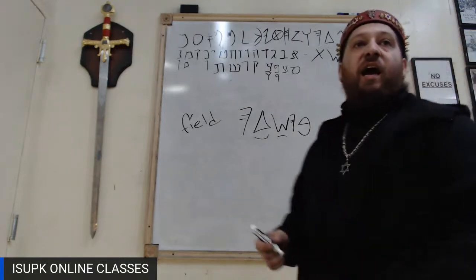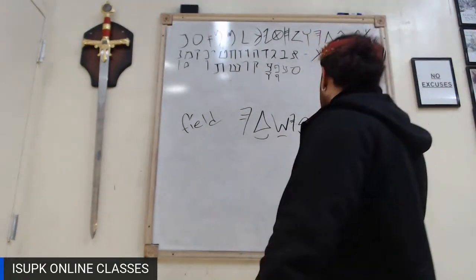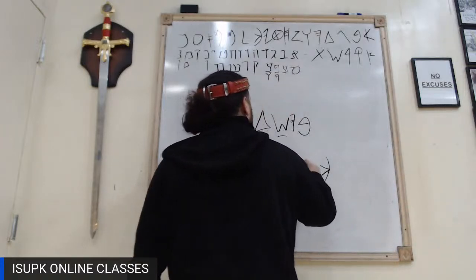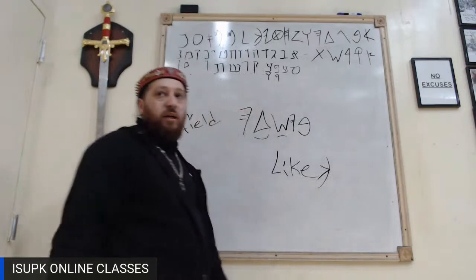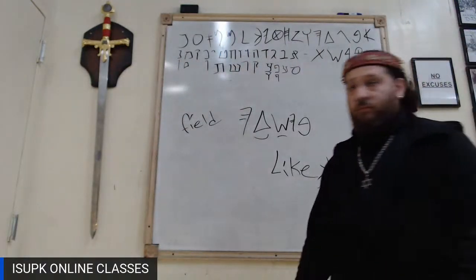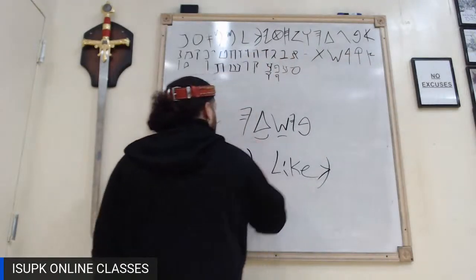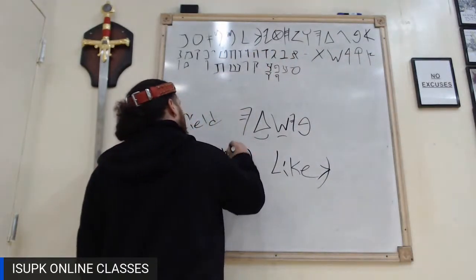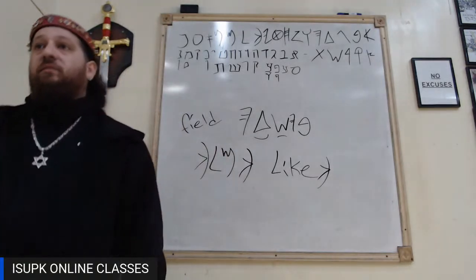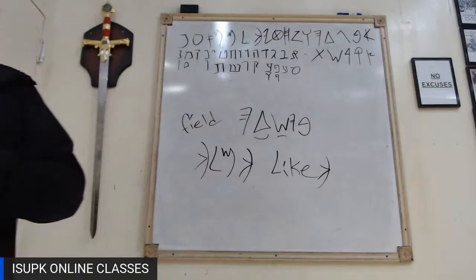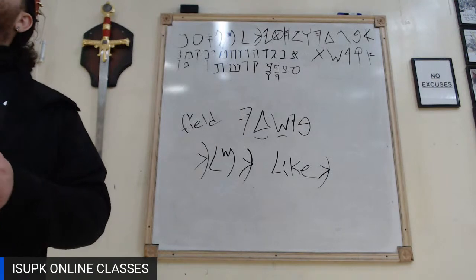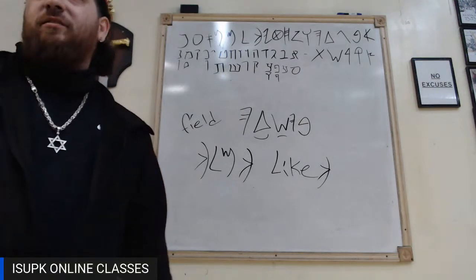Now you also have ka, which is like. So if I say kamelek, it's like I can't say the king, it's like a king.